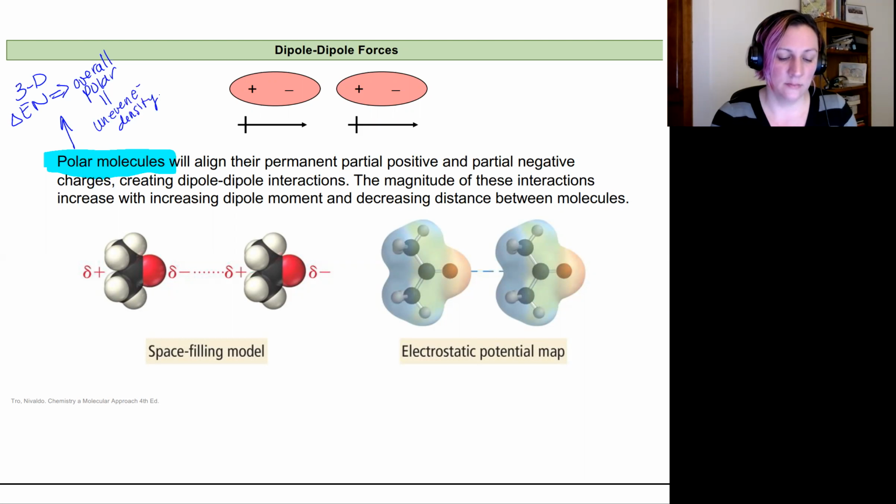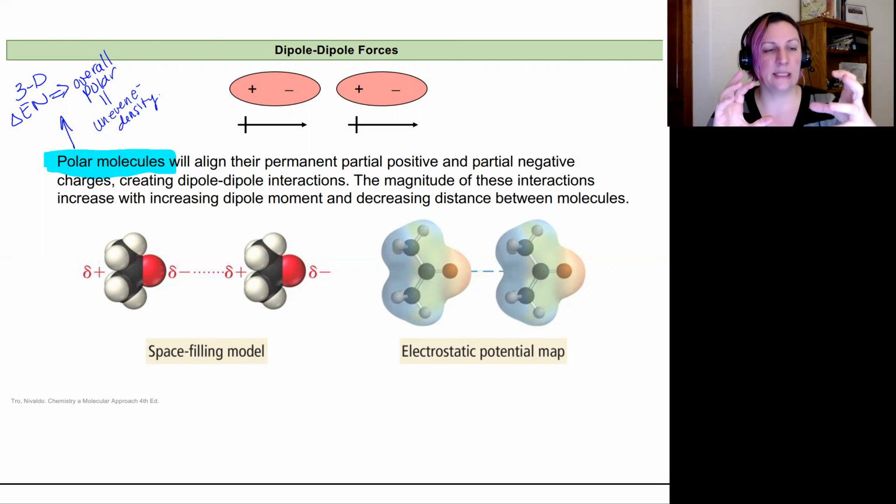With these dipole-dipole intermolecular forces, the molecules will line up preferentially in space, so that the partially positive end of the molecule will interact with a partially negative end of a different molecule. They'll naturally line up that way.